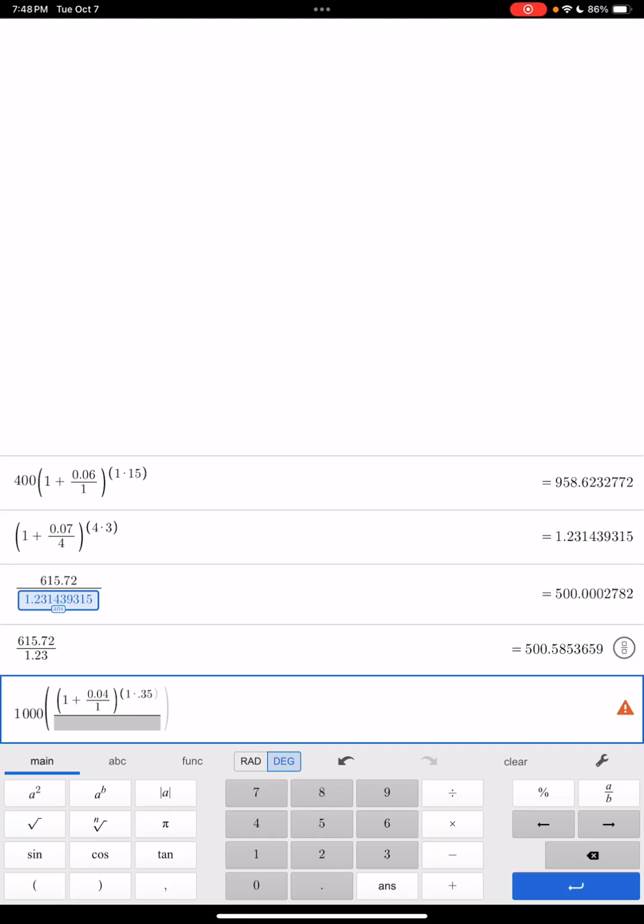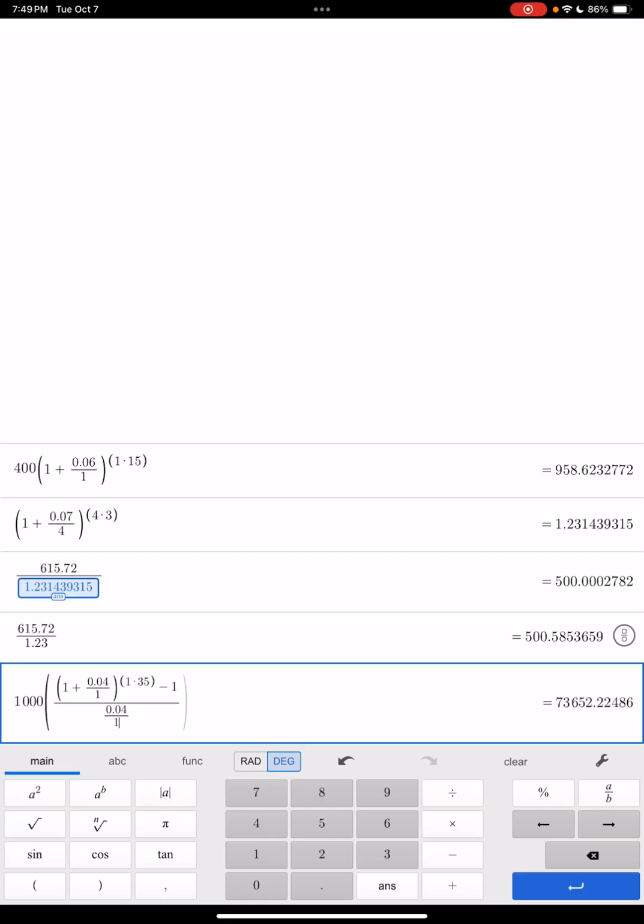Wait, no, just 1 times 35. Close parentheses, then -1, all over 0.04 divided by 1. So you should get $73,652.22.